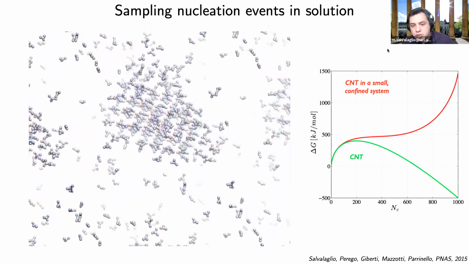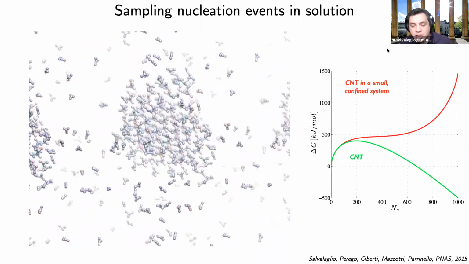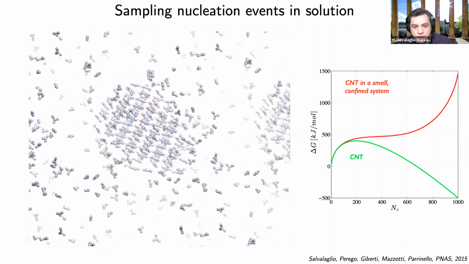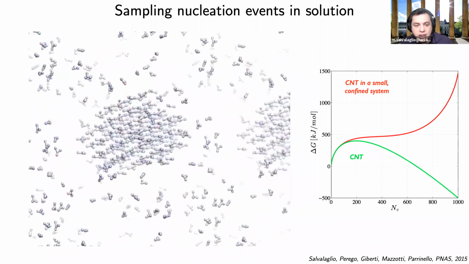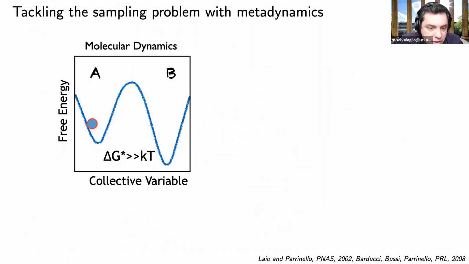So a typical approach to overcome this problem is basically associated to using enhanced sampling methods. And the application of enhanced sampling methods is based most often on the definition of collective variables. So I will discuss a bit here how metadynamics solves this sampling problem.